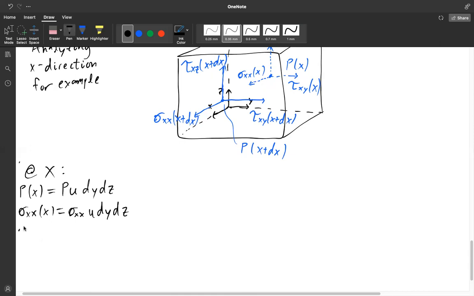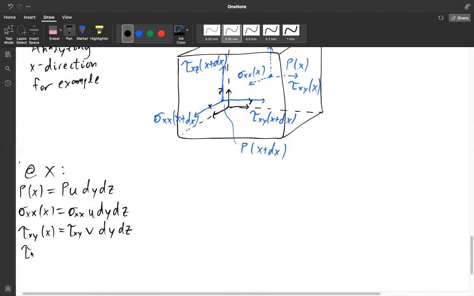And the shear stress tau xy evaluated at x would just be tau xy times v, because the stress is going in the y direction, times dy dz.